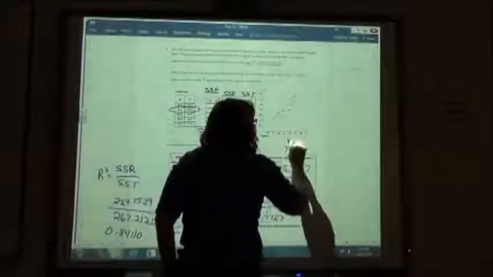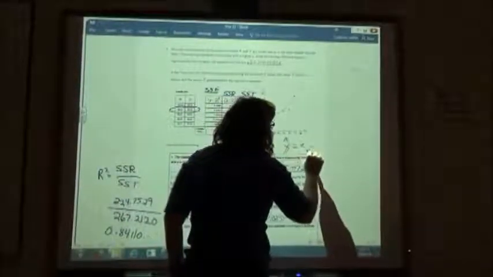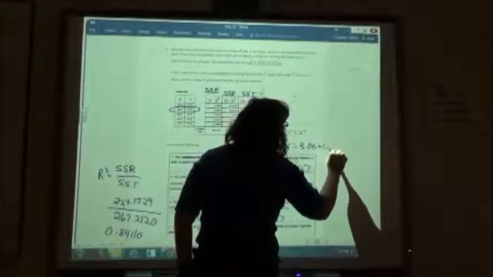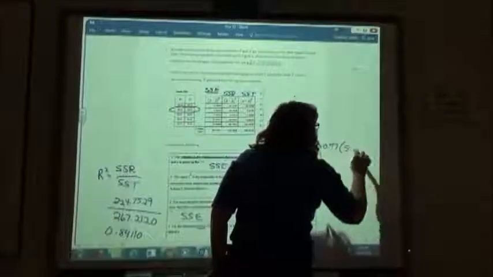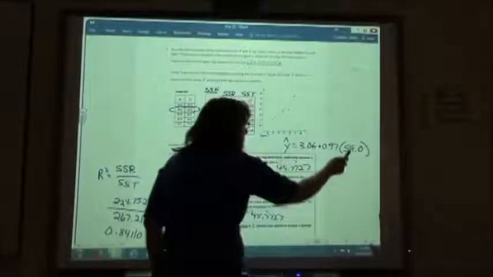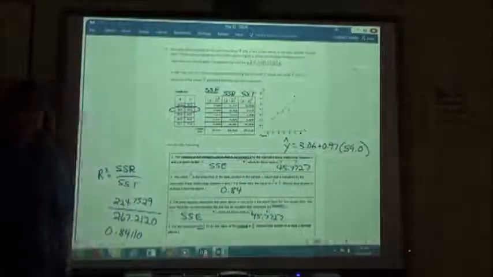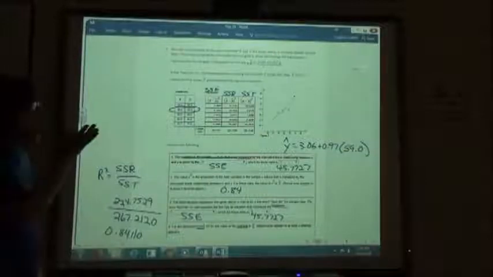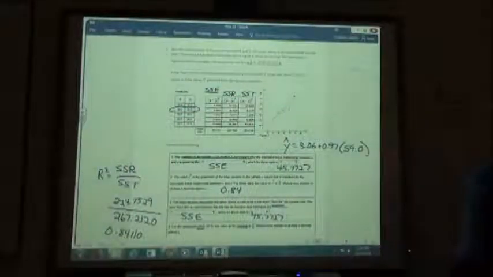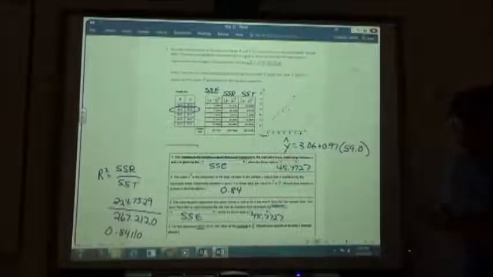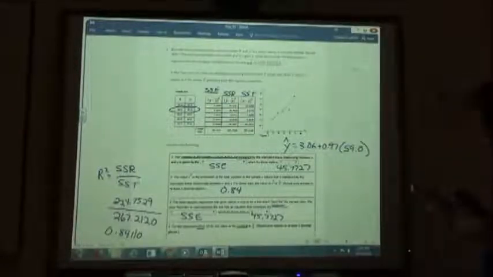So y hat is going to be equal to 3.06 plus 0.97 times the x value, 59.0. We're going to find that value first. That's going to be the value of y on our line. Again, we're just going to grab our calculator and figure that out.